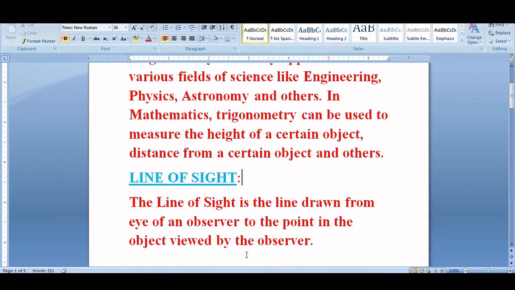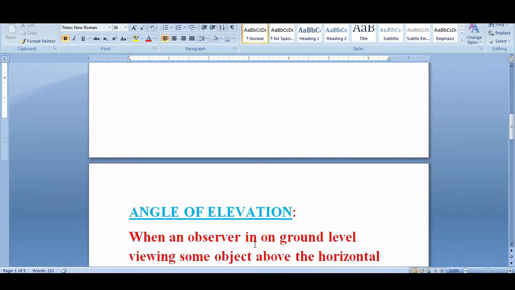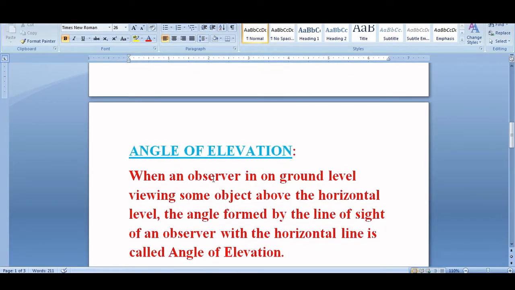Now let's see the next terminology, angle of elevation. So what is angle of elevation? When an observer is on the ground level, viewing some object above the horizontal level, the angle formed by the line of sight of the observer with the horizontal line is called angle of elevation.